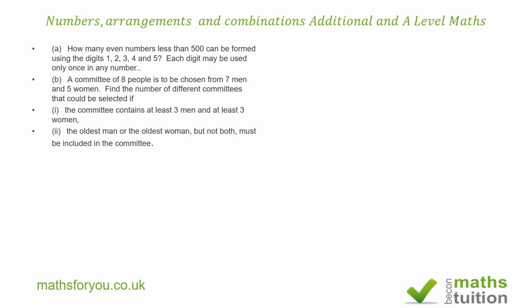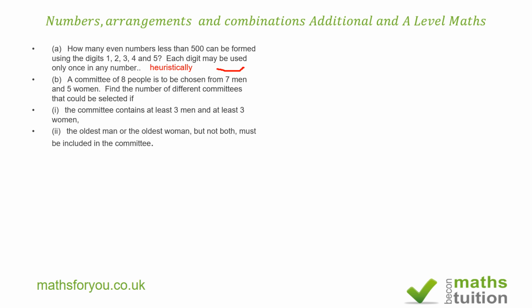Okay, now for the first one, I've done this by investigation, or if you like, heuristically. So doing it this way means that if you're doing IGCSE or GCSE, you should be able to do this as well.